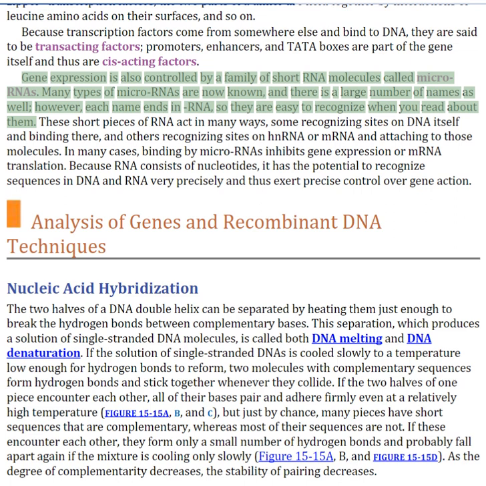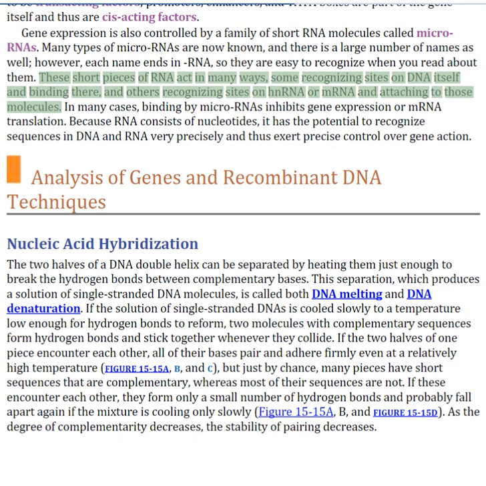Gene expression is also controlled by a family of short RNA molecules called microRNAs. Many types of microRNAs are now known, and there is a large number of names as well. However, each name ends in RNA, so they are easy to recognize when you read about them. These short pieces of RNA act in many ways, some recognizing sites on DNA itself and binding there, and others recognizing sites on hnRNA or mRNA and attaching to those molecules.